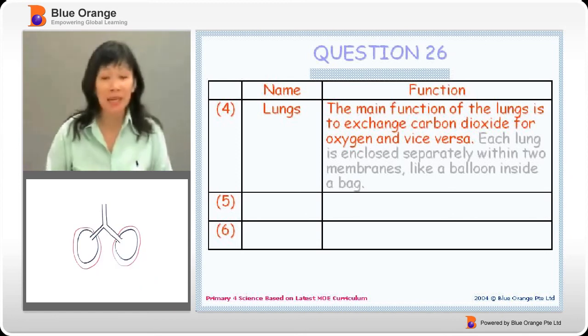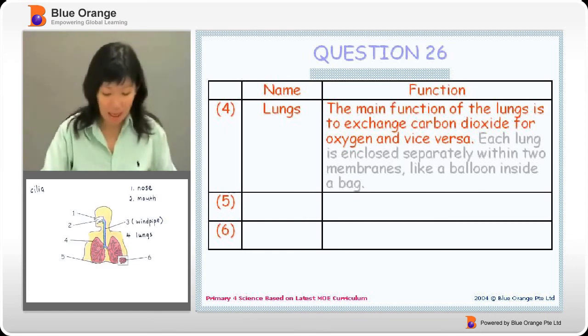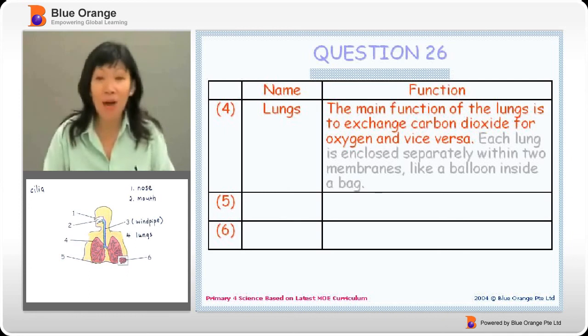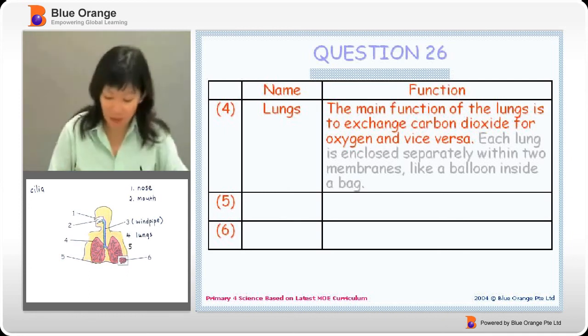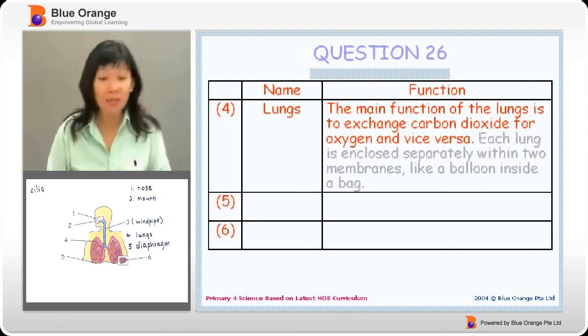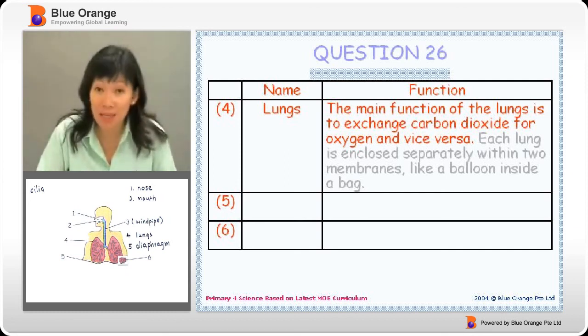Alright, okay, now let's move on. Let's look at number 5. Number 5 is the diaphragm. The diaphragm is a piece of muscle just beneath the lungs.